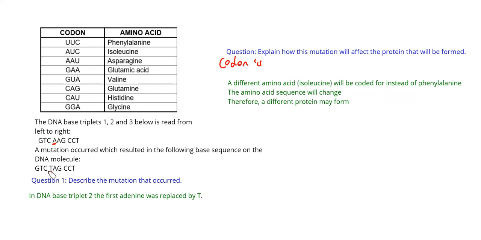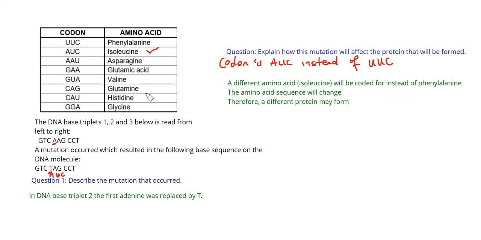Because this is the DNA, the codon now will be AUC instead of UUC. Now when we go to the table, we look for the codons, because this is showing the codon. As you can see here, the codon AUC codes for isoleucine.